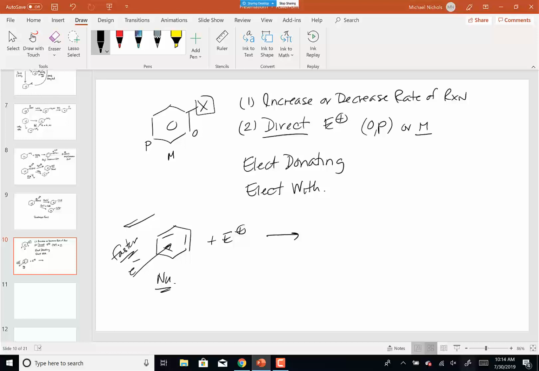Anything that pulls electron density out is going to make the benzene ring react slower, because it's going to have less electron density.